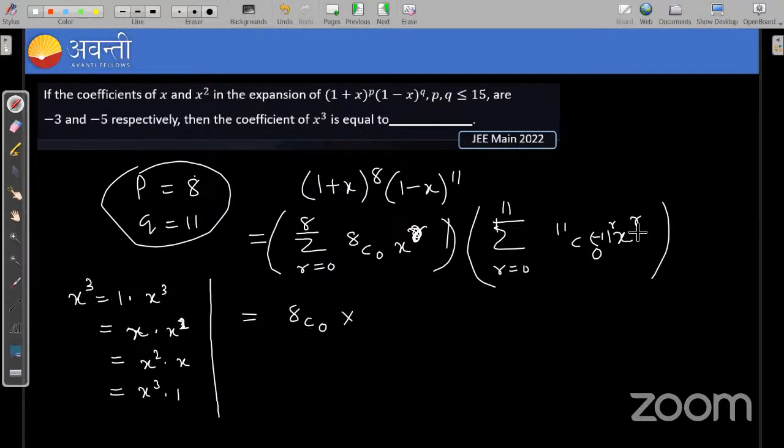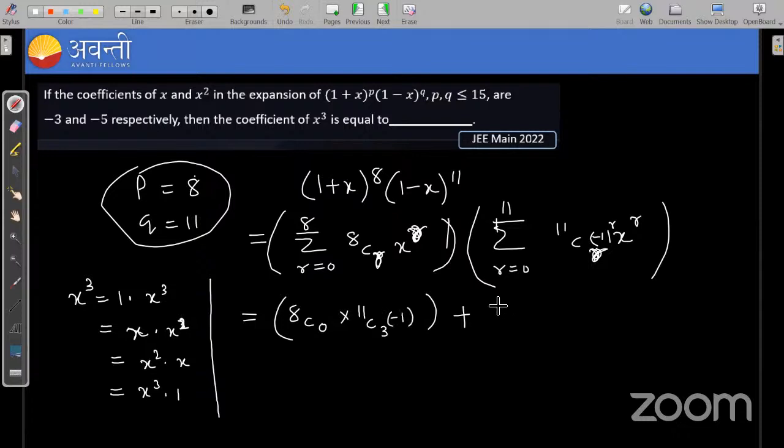When r becomes 0, the coefficient becomes minus 11C0. Plus, for x cube, r is equal to 3, so this becomes 11C3 into minus 1.